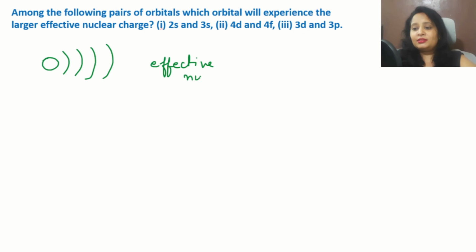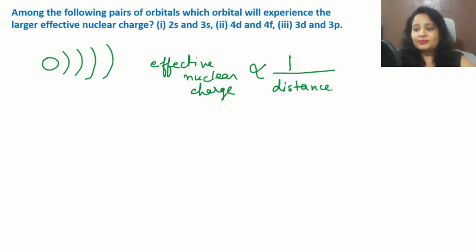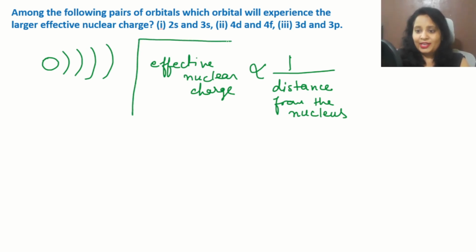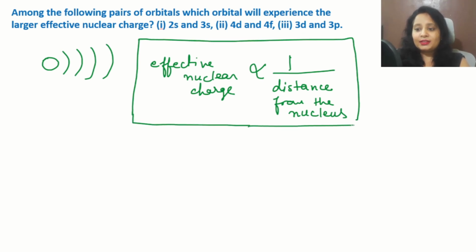Effective nuclear charge is inversely proportional to the distance from the nucleus. According to this rule, the farther the electron from the nucleus, the lesser the effective nuclear charge. It means the closer the electron is to the nucleus, the larger the effective nuclear charge it will feel.